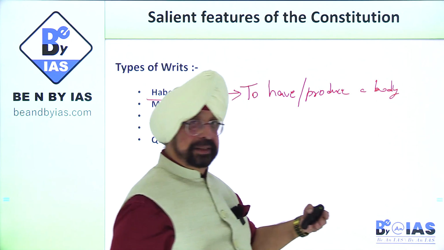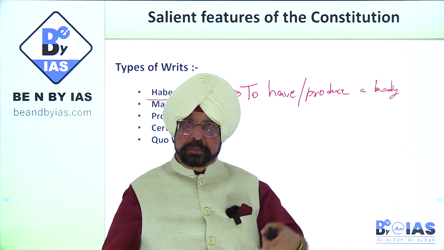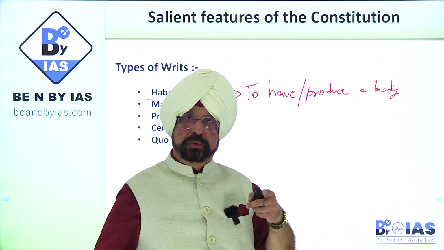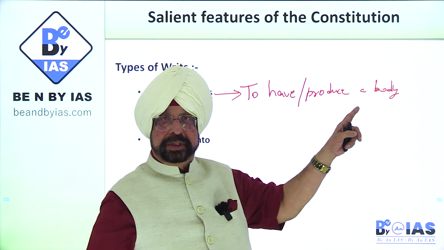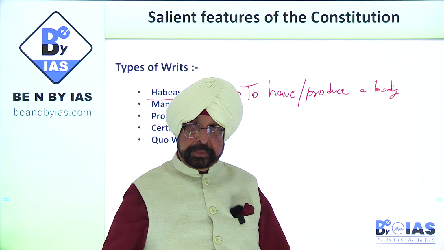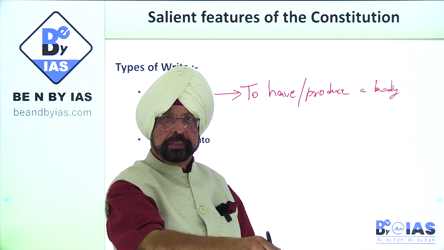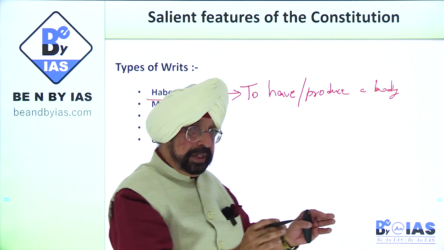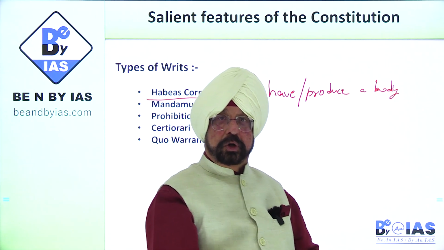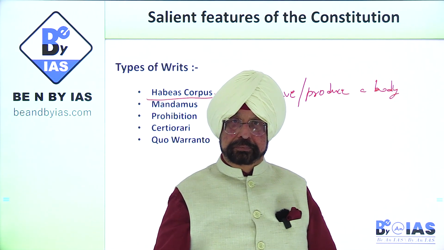In that case, the Supreme Court or the High Court may issue a writ of habeas corpus, directing the authority to produce his body. That means he should be in existence, not in any kind of illegal custody.